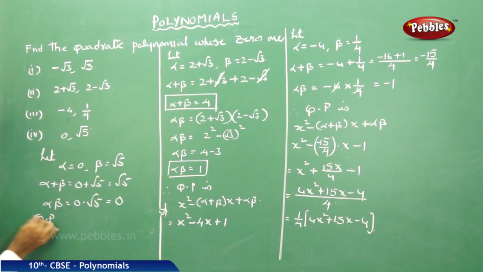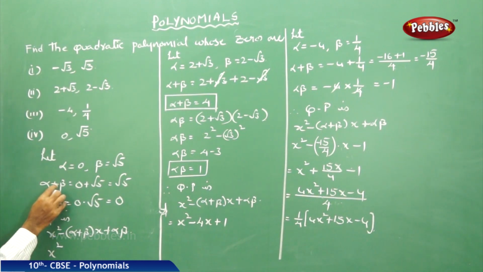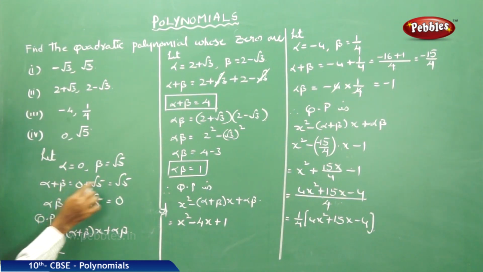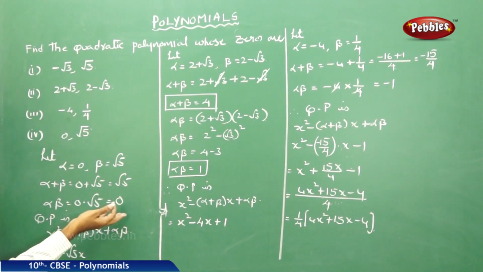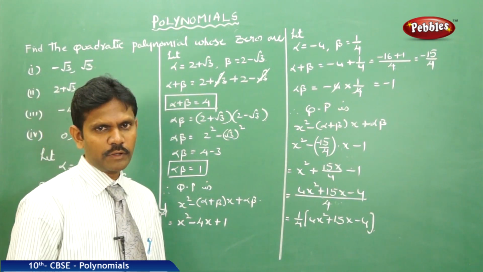Therefore, the quadratic polynomial is x square minus alpha plus beta into x plus alpha beta, that is x square minus root 5 into x plus 0. Therefore, the required polynomial is x square minus root 5 into x.